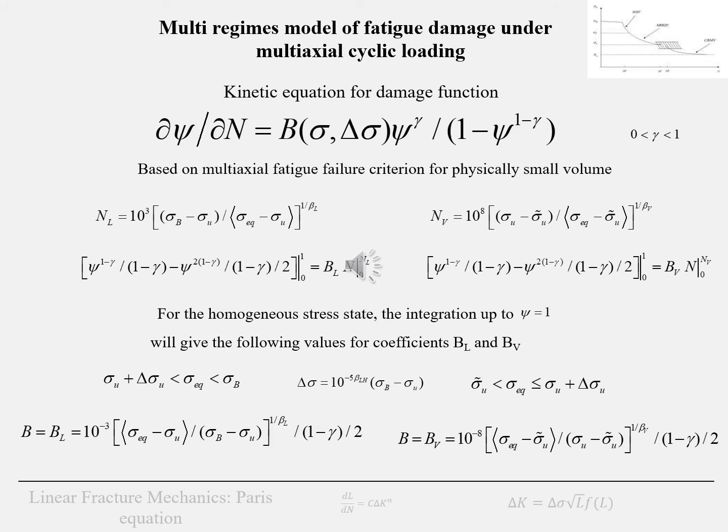On the other hand, we have the number of cycles multiplied by coefficient B here, and the limit of integration is from 0 to N_L here. The same procedure we can do for the right branch here.